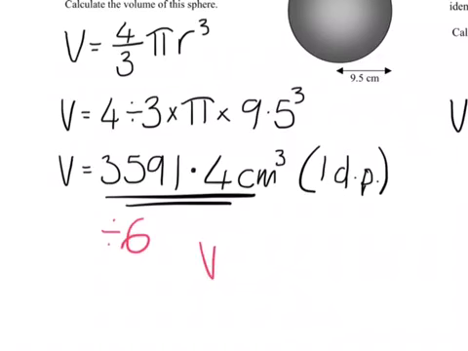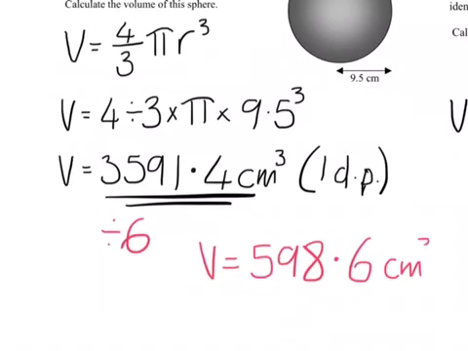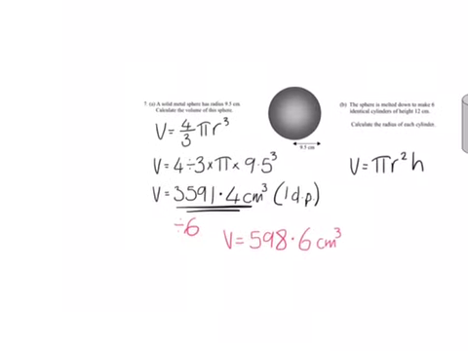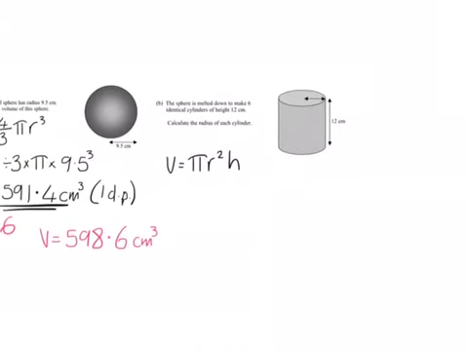What we want to do now is divide by 6 to find the volume of one of the cylinders. Doing that on our calculator and rounding to one decimal place again, the volume of one cylinder is 598.6 cubic centimetres. So we can take that information and we're going to use that volume and substitute it in here in our formula.